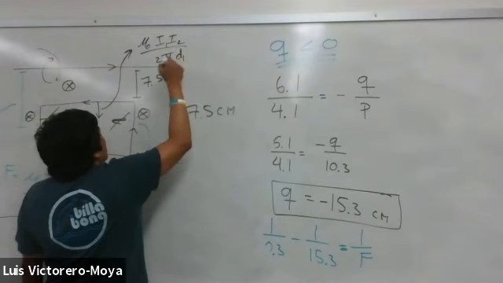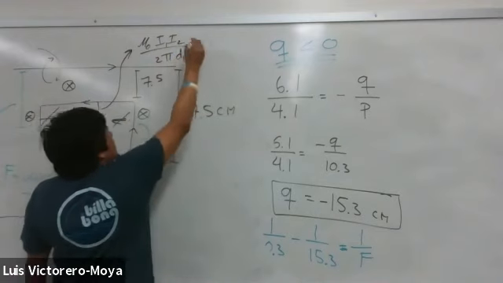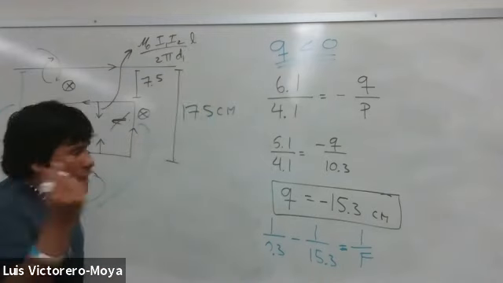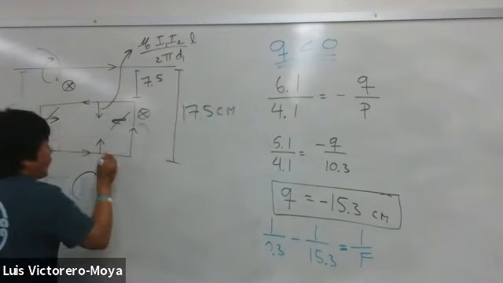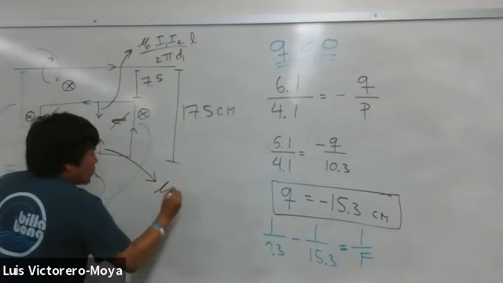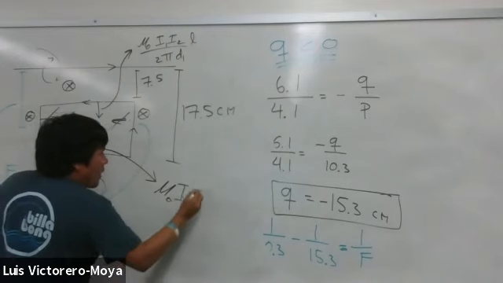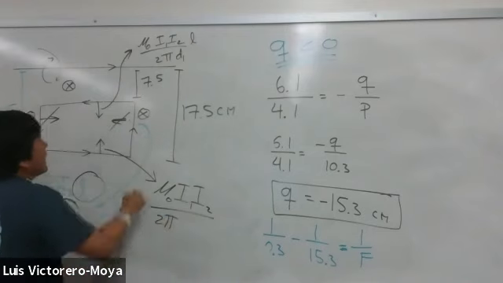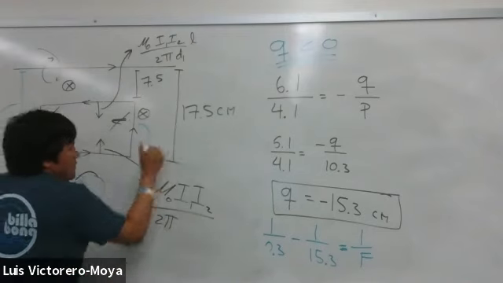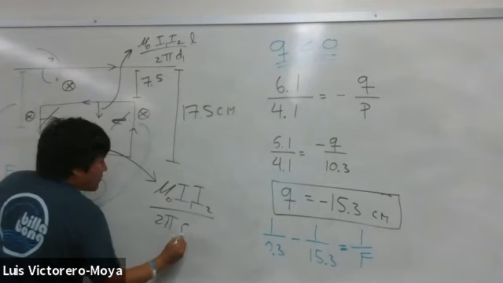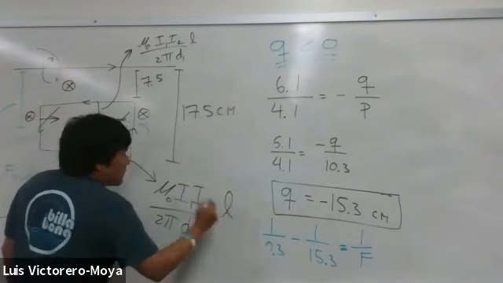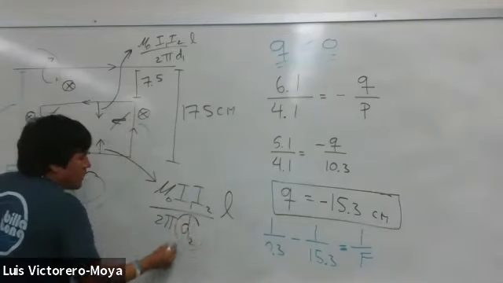So it's going to be 1 times the length, which was 30 centimeters. And for this was mu naught I1, I2 over 2 pi. The distance will be now how much? 17.5. So D2 times the same length. L was the same, but not D1, D2.